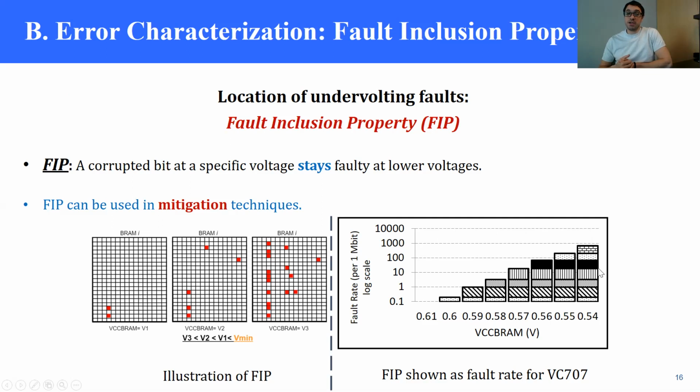For example, for CPU caches, they implemented this for finding the minimum safe voltage that they can reduce to at runtime. We also confirmed it for FPGA block RAMs, and we are trying right now to exploit it for some fault mitigation techniques.